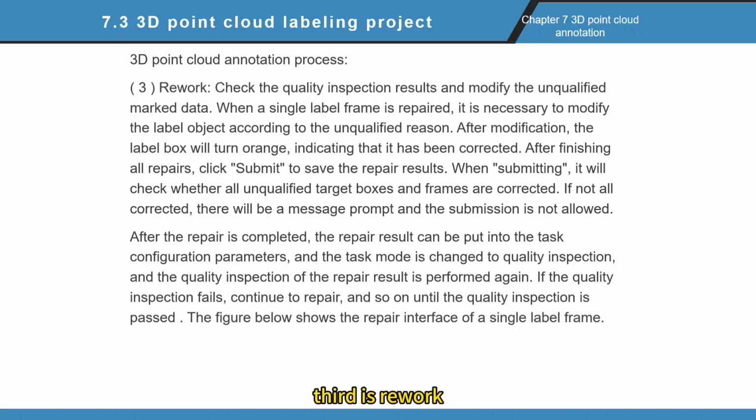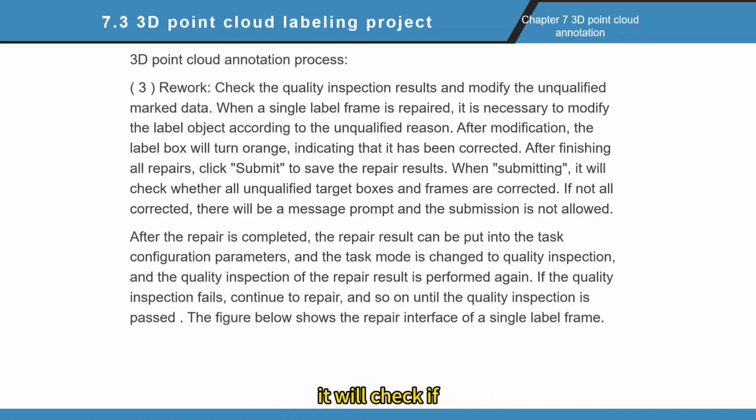Third is rework. Check the quality inspection results and modify unqualified marked data. When repairing a single label frame, modify the label object according to the unqualified reason. After modification, the label box turns orange. After all repairs are done, click Submit to save the results.